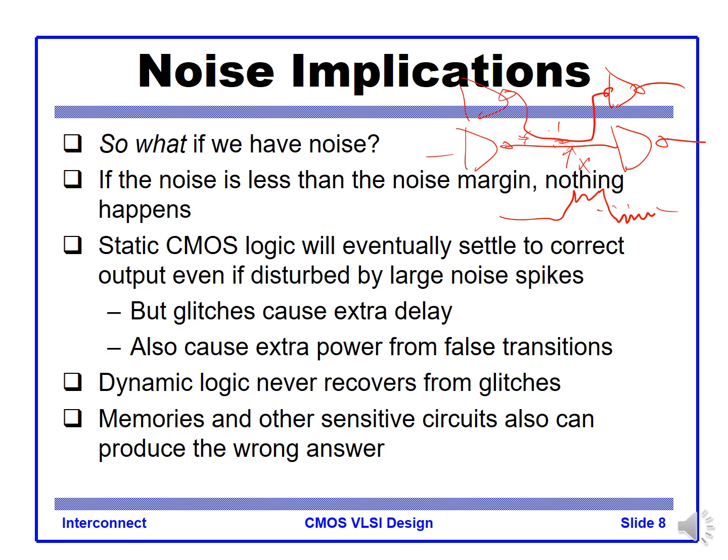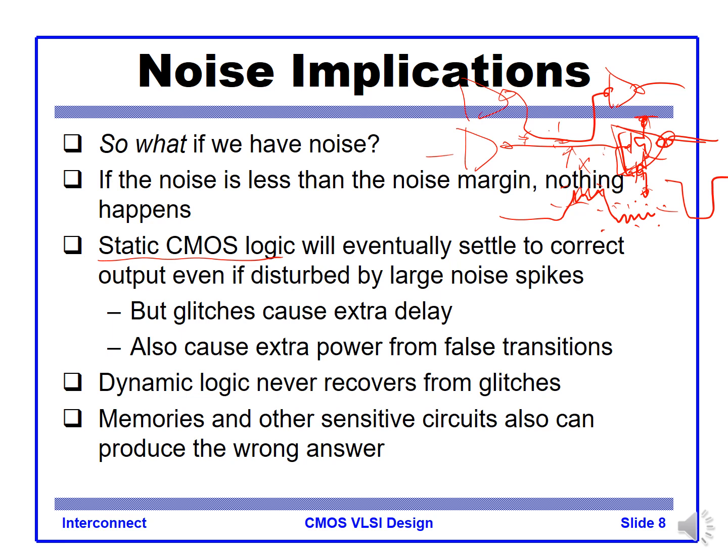If the noise is less than the noise margin, this inverter will properly generate the logic value, so nothing will happen. The beauty of static logic is that it eventually refreshes the output from the supply. Even though there is a glitch at the input, the internal CMOS logic will replace the input voltage with its own supply and ground. So we have a clean output.